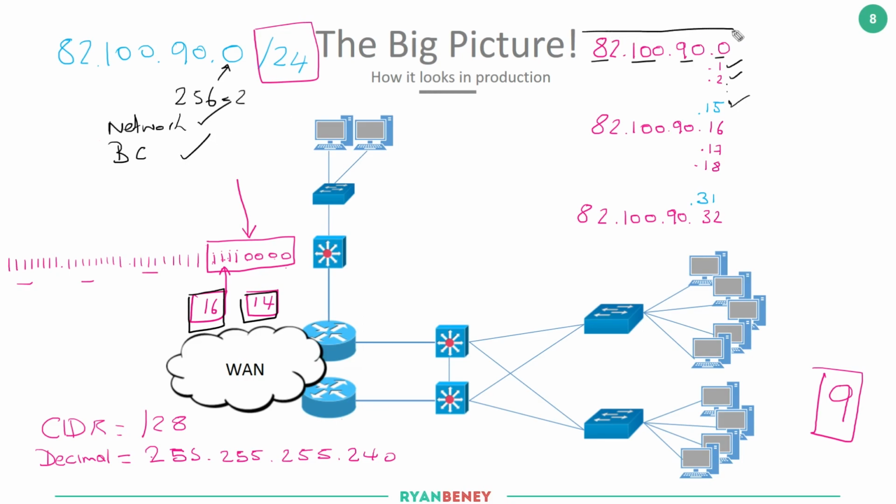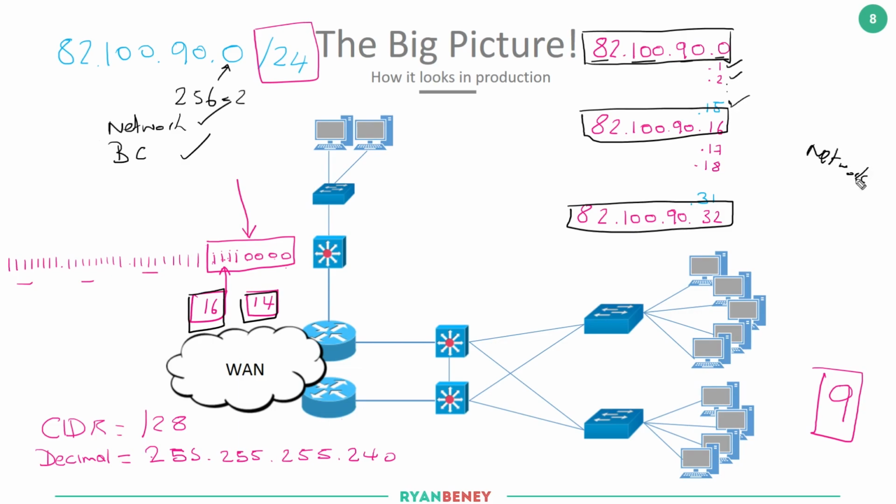Now the first one of each range, so here is the .0, here it's the 16, and here it's the 32. These are network addresses, and these can't be used by any host. You can see the first usable one is actually going to be .1. The second usable is .2. So those can be assigned to the host.